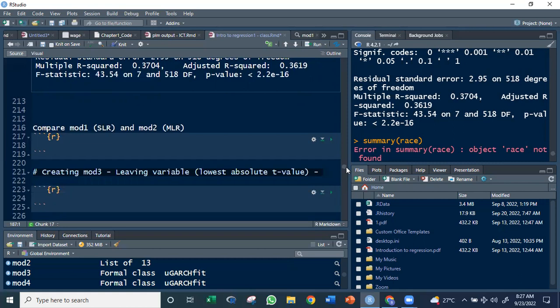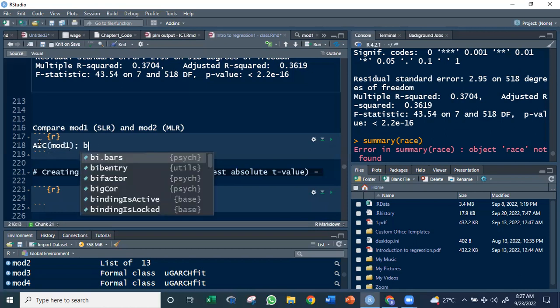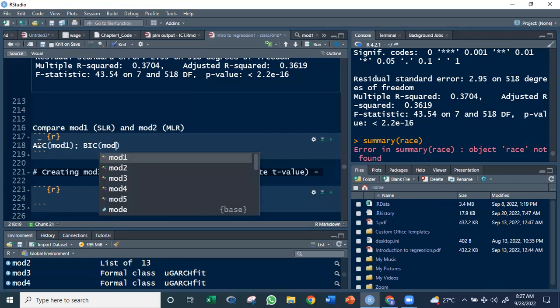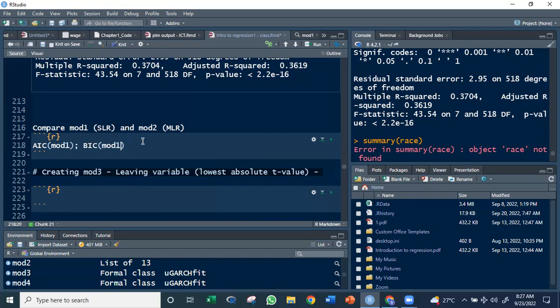But aside from the adjusted R-squared, we can use what we call the AIC. Let me write here AIC for model 1, and there's also another one, BIC for model 1. What do we use this for?